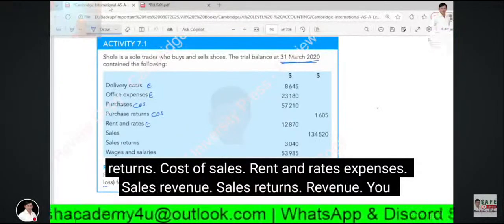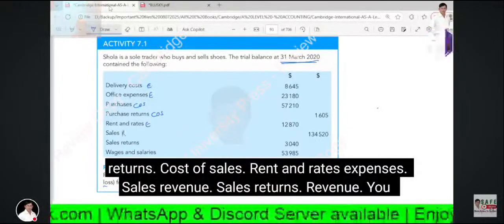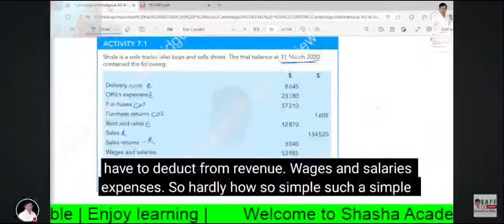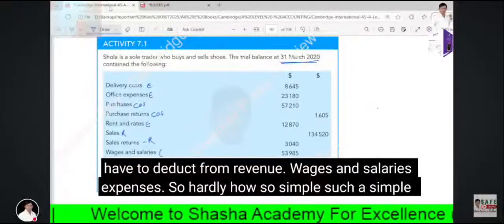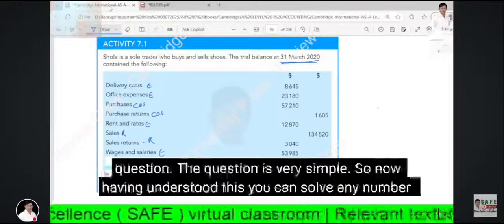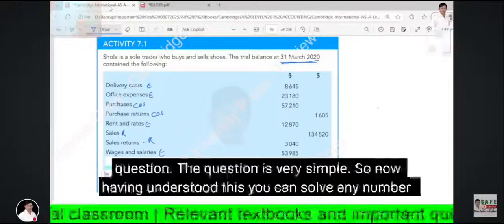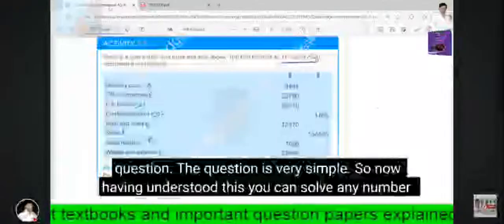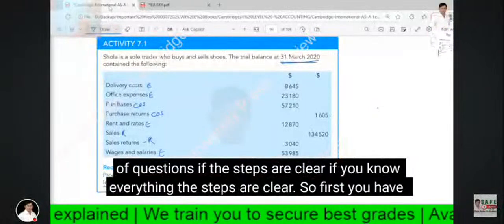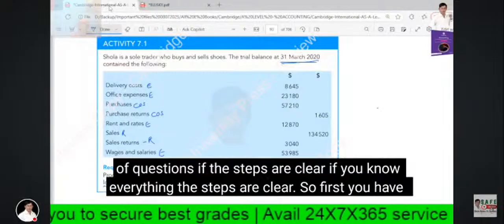Sales, revenue. Sales returns, revenue, which you have to deduct from revenue. Wages and salaries. Such a simple question. Having understood this, you can solve any number of questions if the steps are clear.